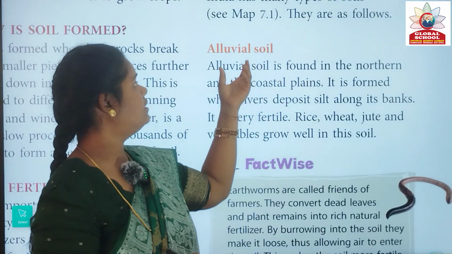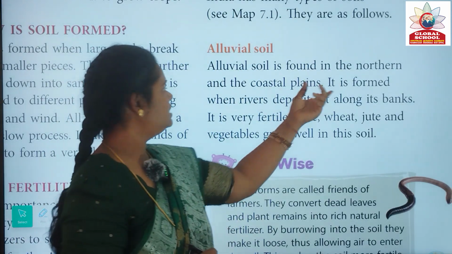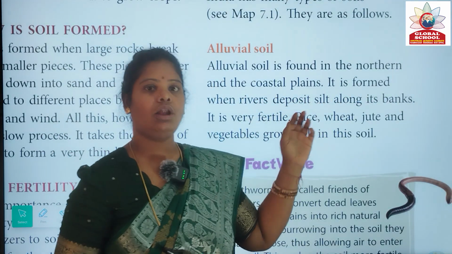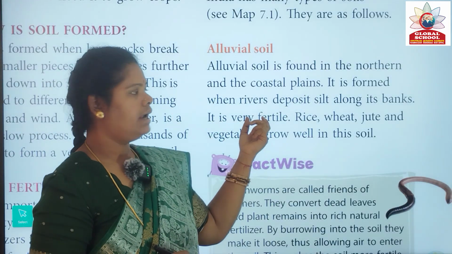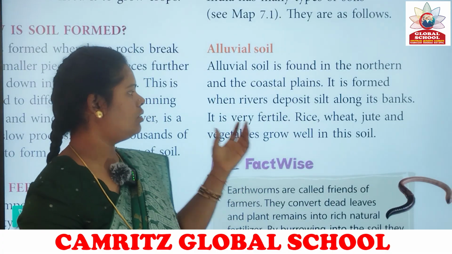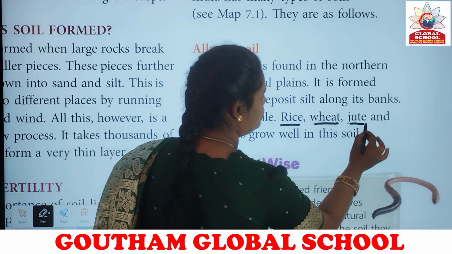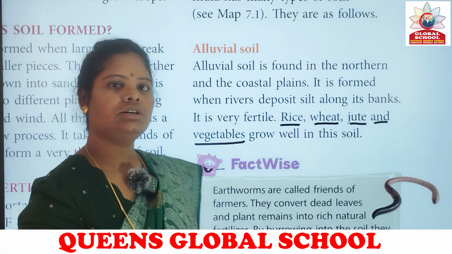This alluvial soil is a deposit of the rivers, formed when rivers deposit silt along their banks, along their coast, and it is very fertile. The crops grown in this soil are rice, wheat, jute, and vegetables will grow well in this soil.